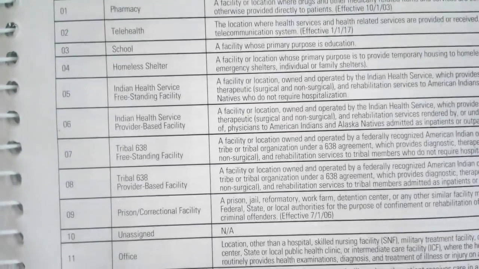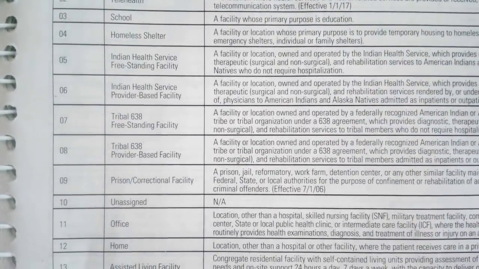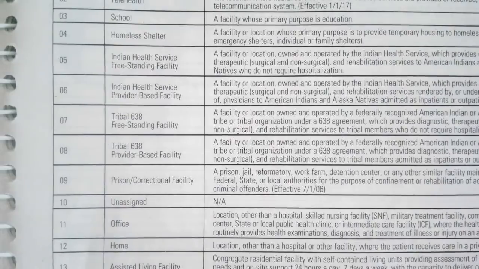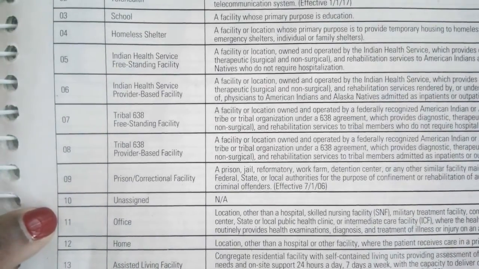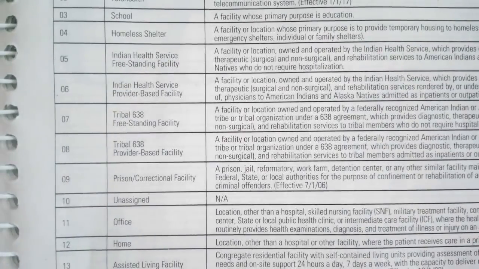This 2-digit number actually tells the payer where the services were rendered today. So for example, in this particular case here, let's say place of service 11, this means that the service was actually rendered in the office setting.